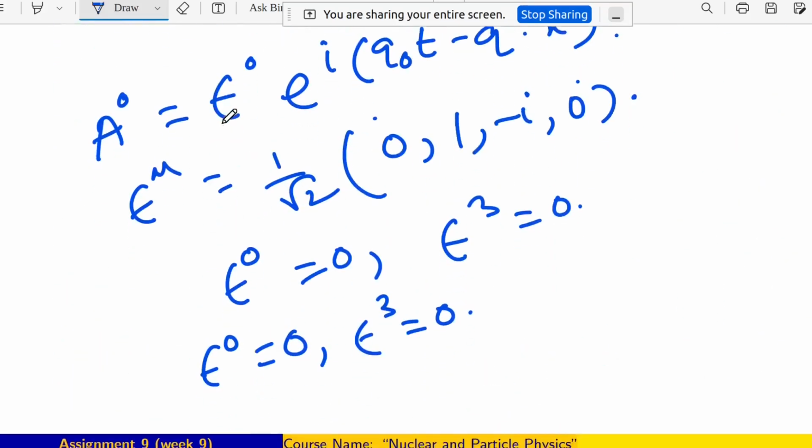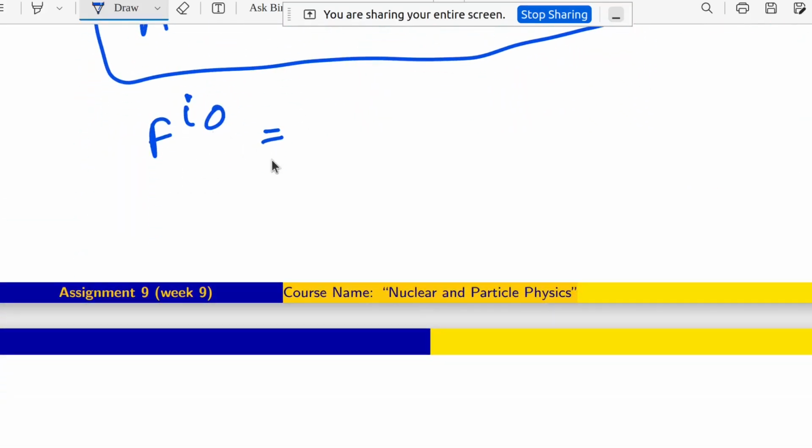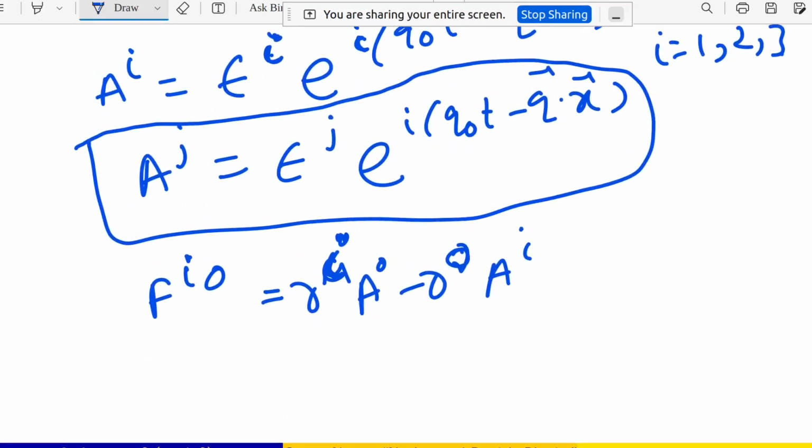So if I can get the expression for F_i0, then the real part of that F_i0 will be E_i. F_i0 is del_mu A0 minus del_0 A_i, so del_i A0 minus del_0 A_j.